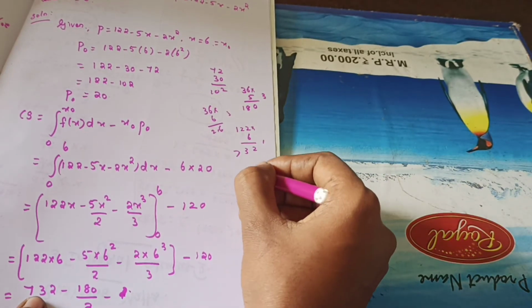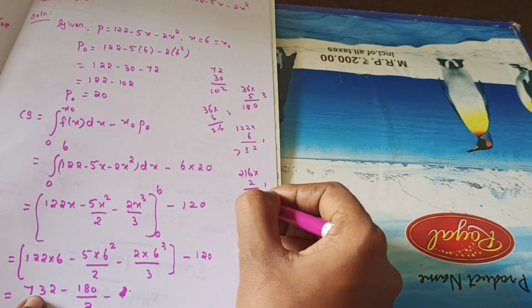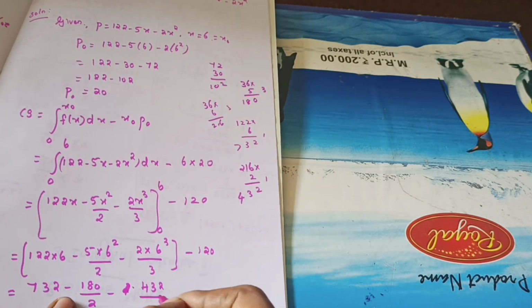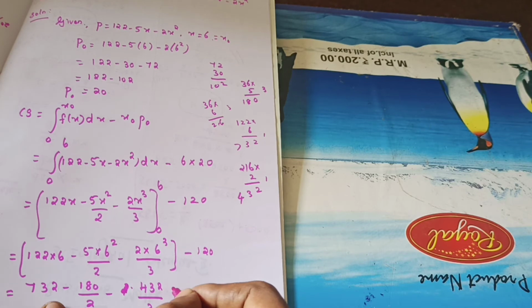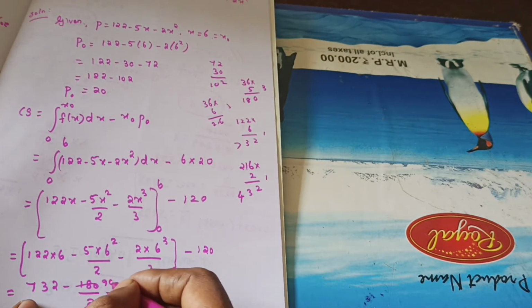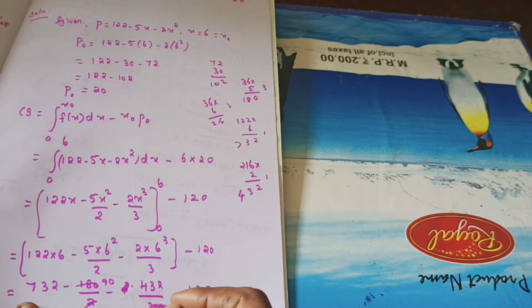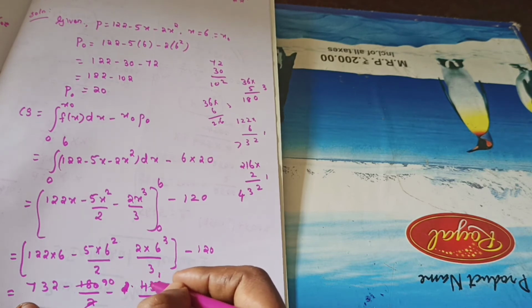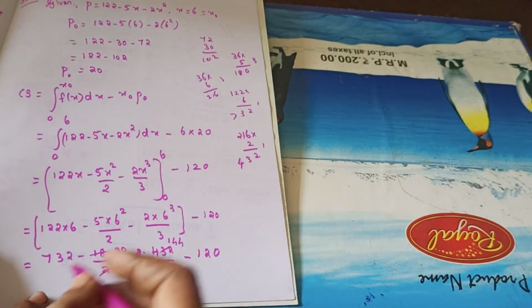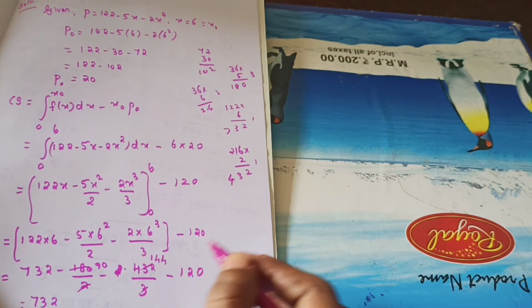So 216 into 2 is 432. Minus 120. So simplify it. That's equal to 732, this 3 also minus.